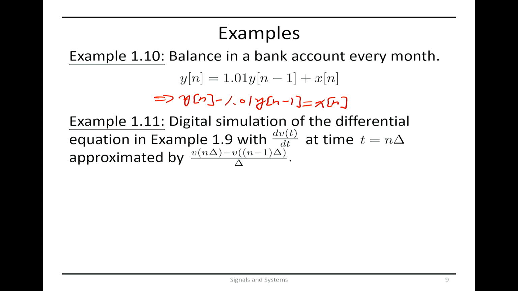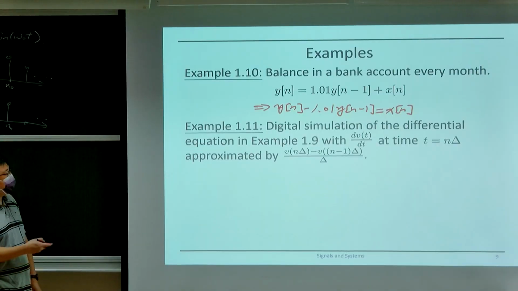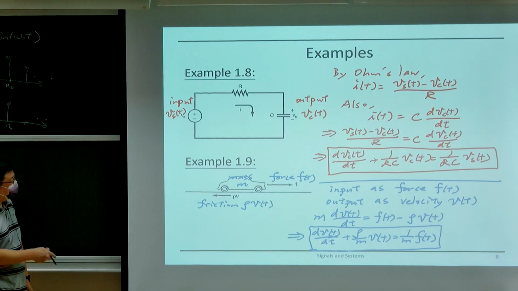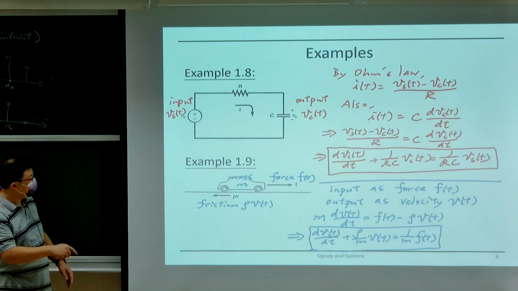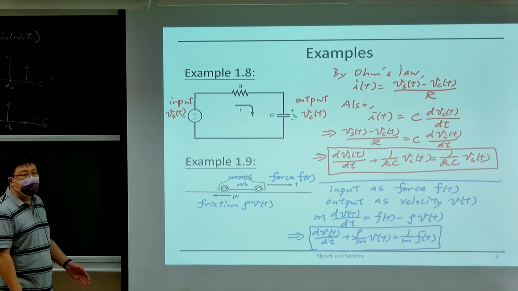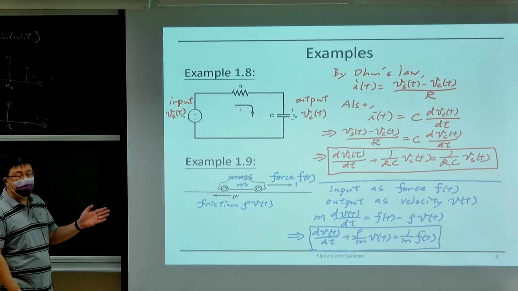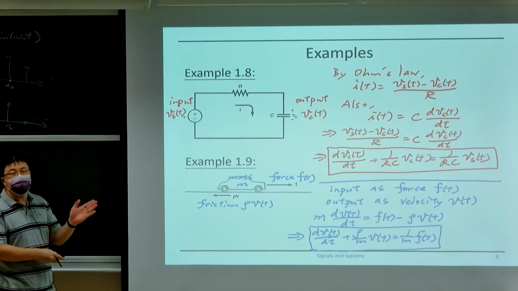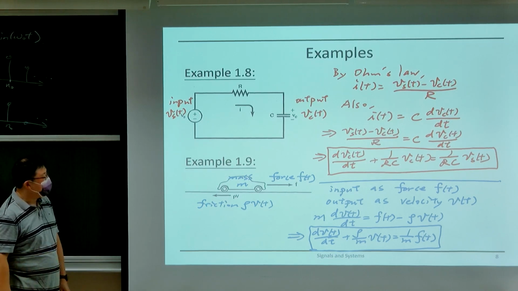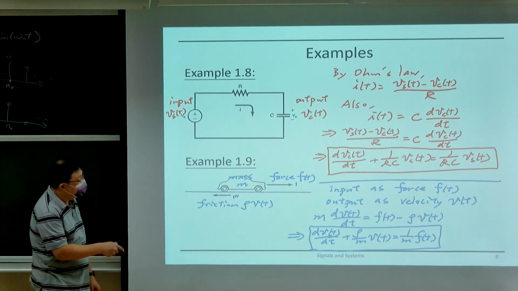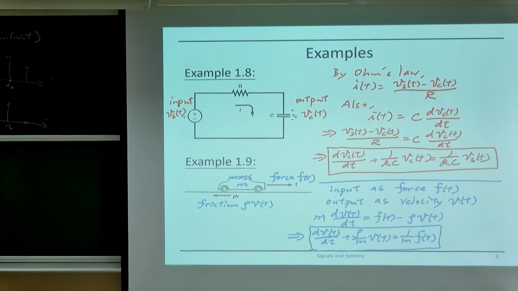Now, in example 1.11, we're constructing a discrete time system by sampling the continuous time system of example 1.9. The motivation here is that if you want to simulate this system in your computer, you can only simulate it in discrete time. So in order to simulate this system, you must sample these signals at integer multiples of a certain time interval.